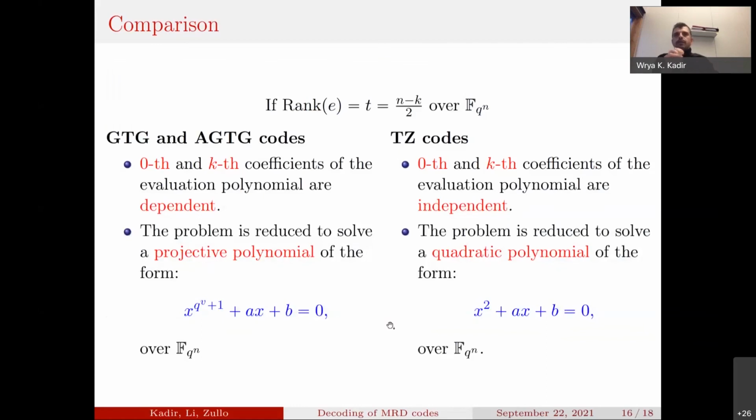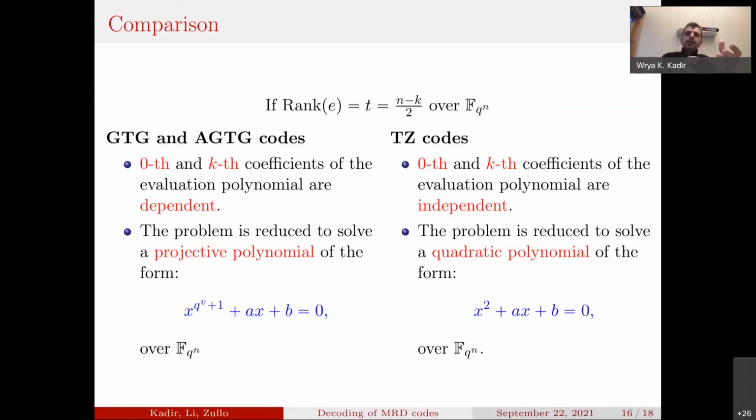If we summarize and compare these two decoding algorithms, for generalized twisted Gabidulin codes and AGTG codes versus TZ codes, we can see that the difference is that for the first family, the zeroth coefficient and the k-th coefficient are dependent, but in the TZ code they are independent.